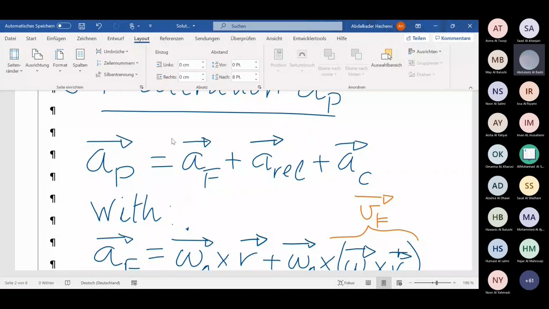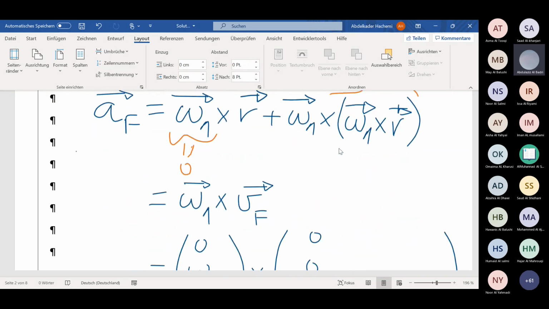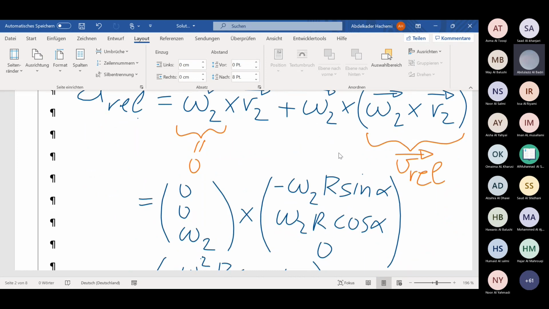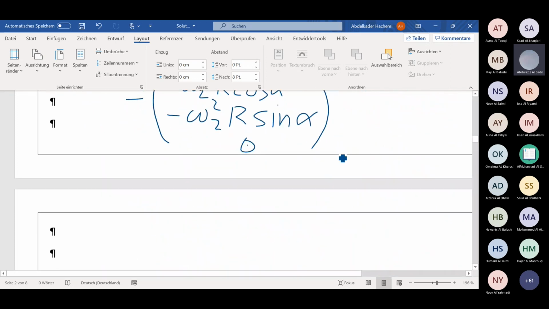Now we look to the third term, which is the Coriolis acceleration. We have seen it in the lecture.